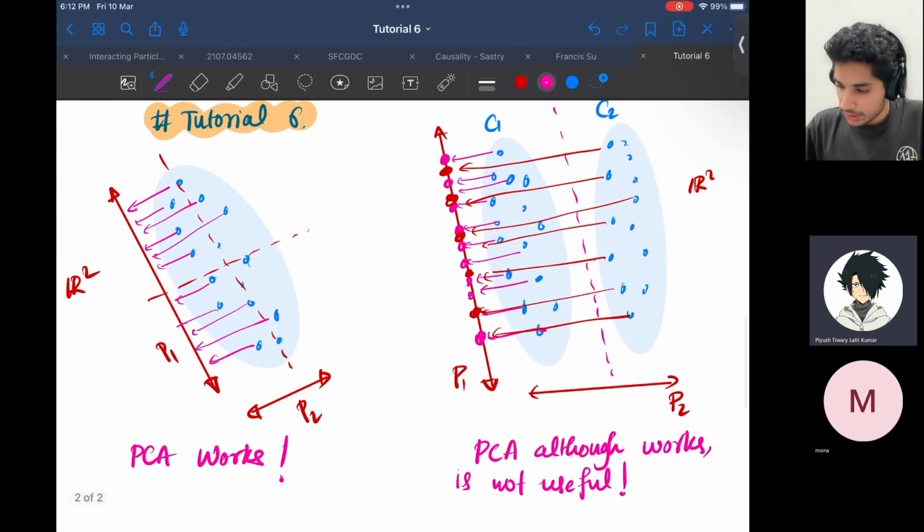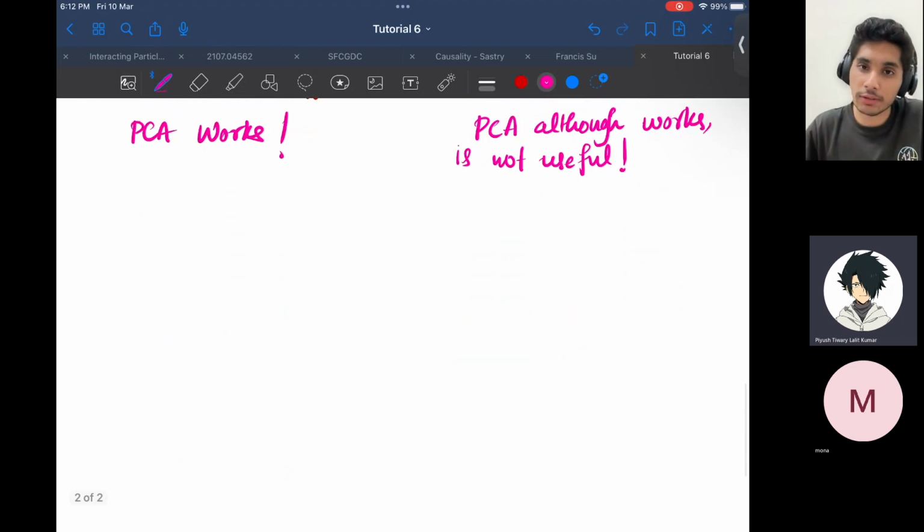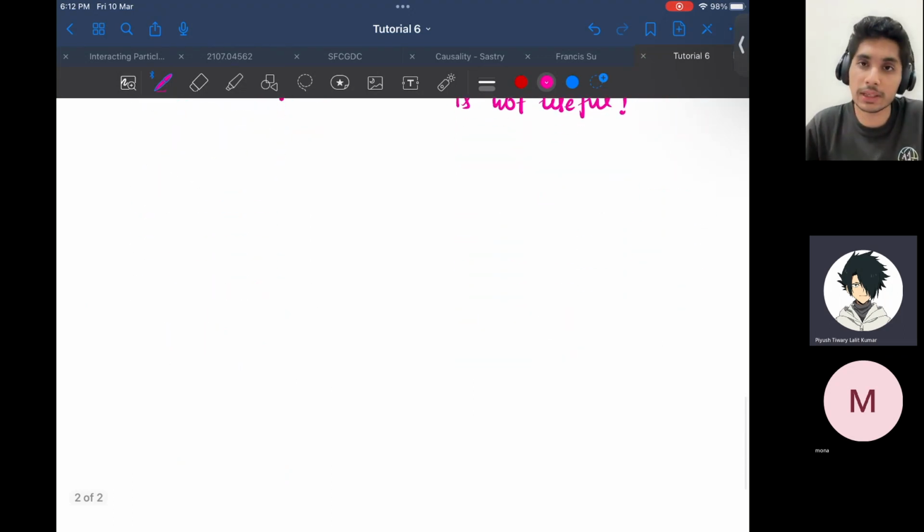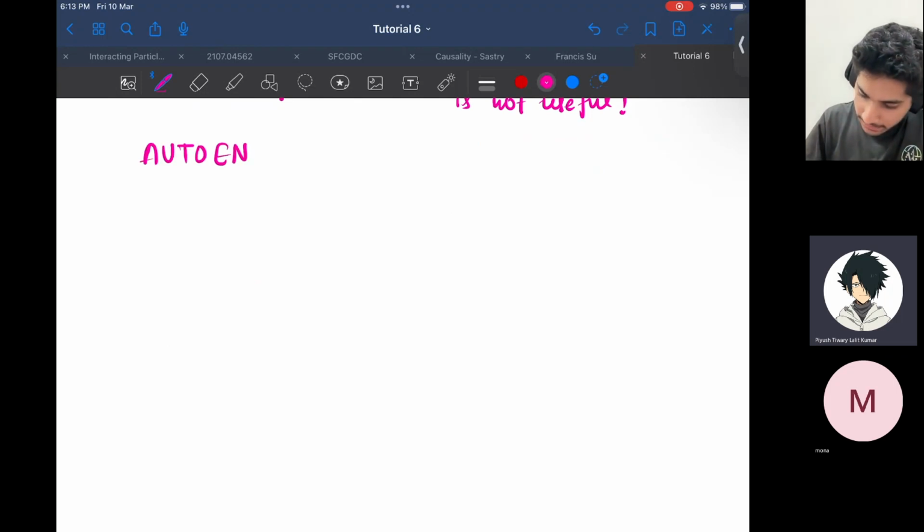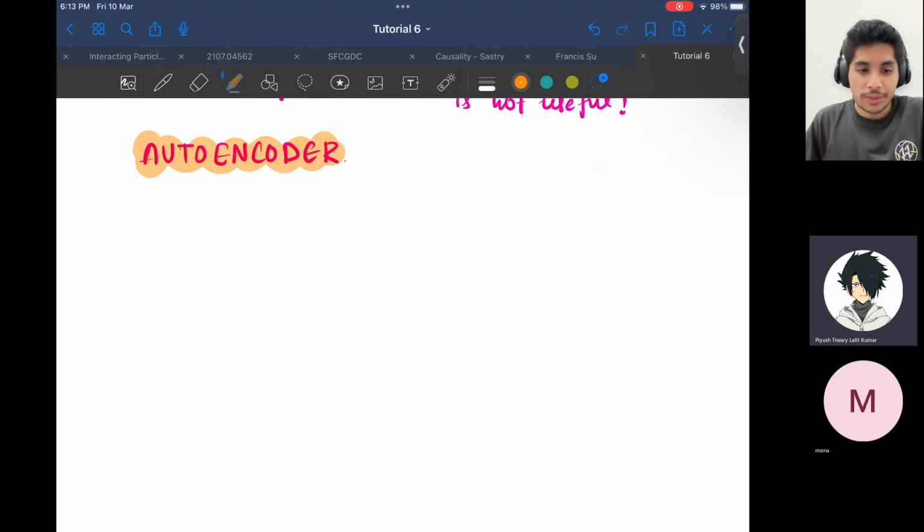Having said this, this is in some sense the motivation to go to deep learning or autoencoders. That will be today's topic. So today's topic is mainly something called autoencoders. So what are autoencoders and why are they necessary?